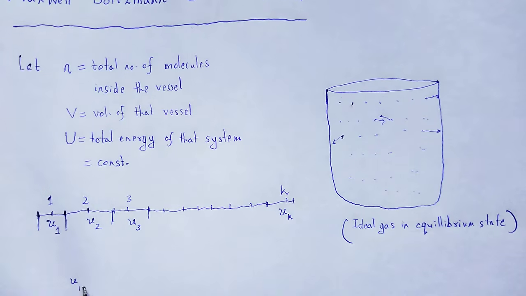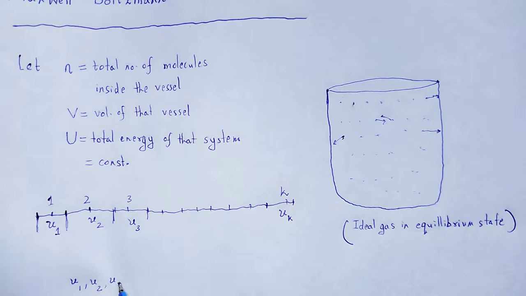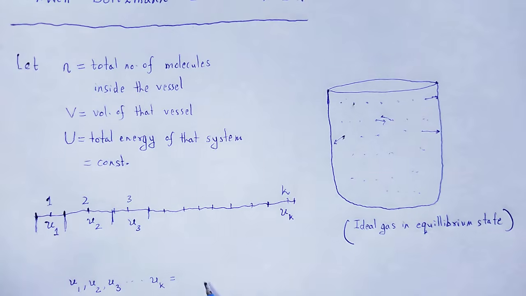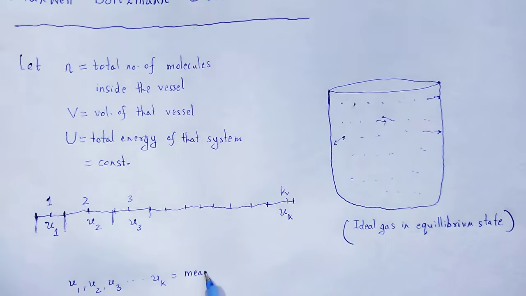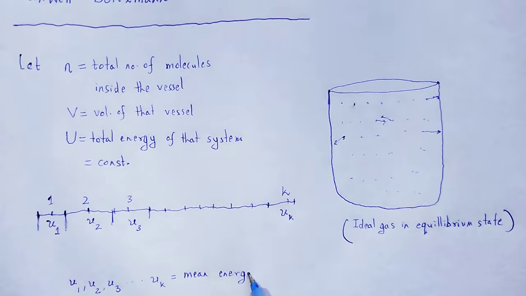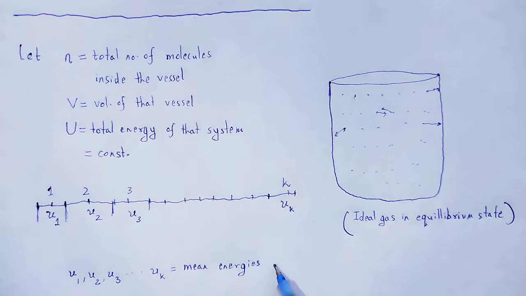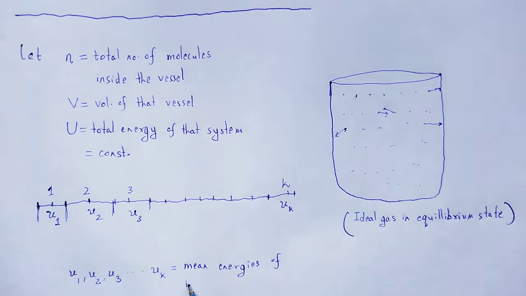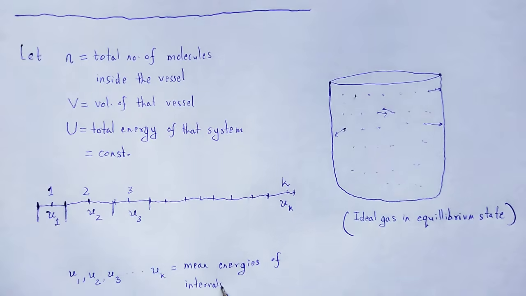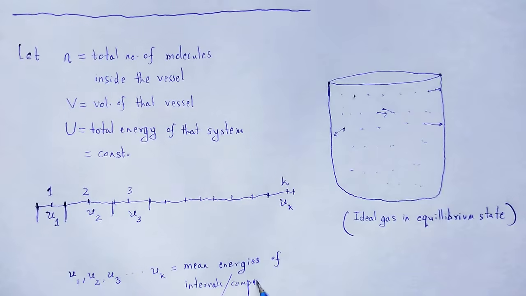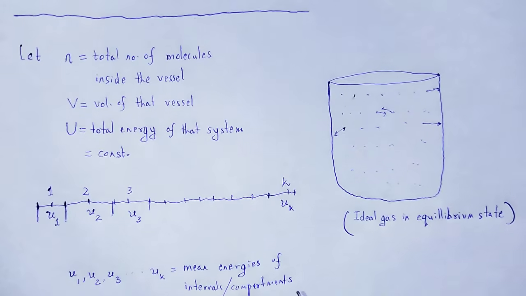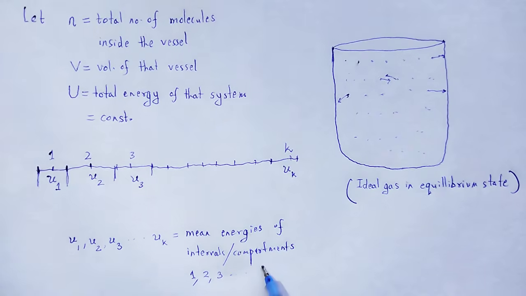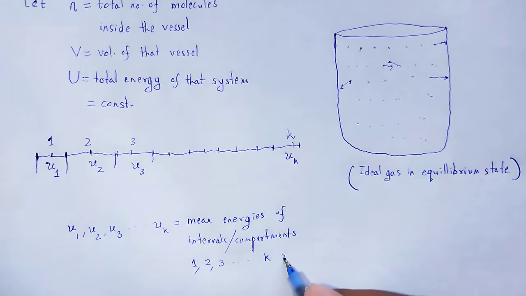Here U1, U2, U3 up to Uk are the mean energies of the intervals, or compartments, named 1, 2, 3 up to k respectively.